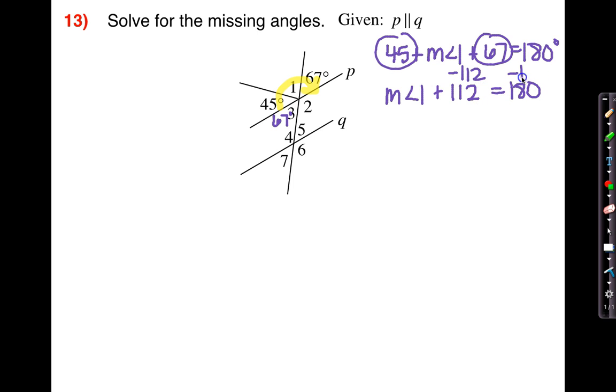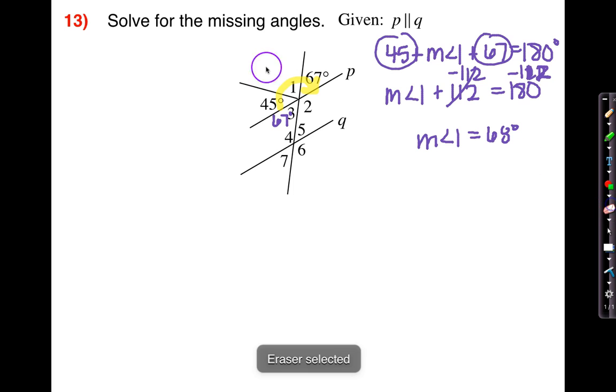Subtract 112 from both sides. Whoops, that's not 112. Let's try that again, 112. And we would be left with the measure of angle 1 equals 68 degrees. So here, I'm going to go ahead and put that angle 1 is 68 degrees.